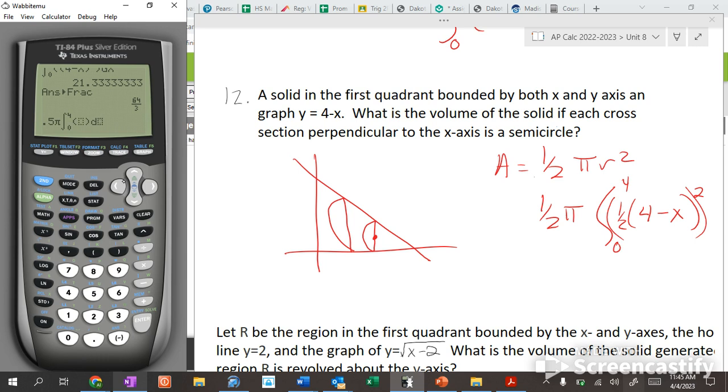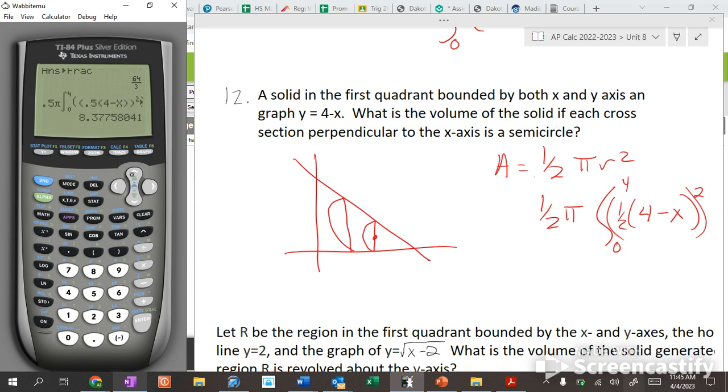And then I'm going to insert an extra parenthesis and go 1/2, so 0.5 times 4 minus x parenthesis squared, not negative 1, 2, delete. And then that's dx, and enter.